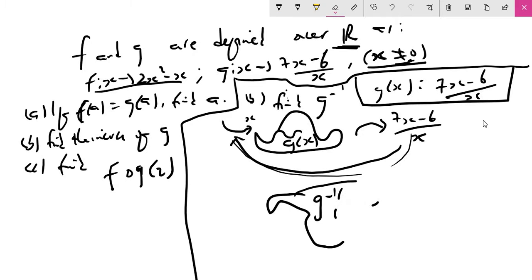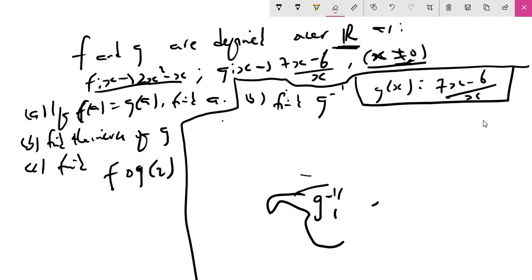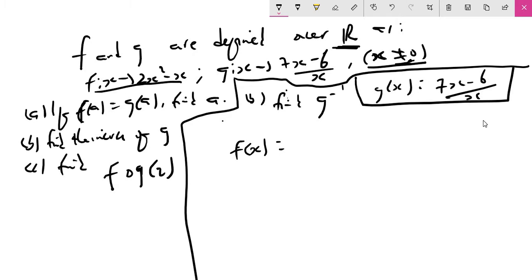For example, before we actually solve the question, let me give you a simple scenario. Let's say f of x is equal to x squared. So f of x takes a value x and then squares it. If I want to reverse this, I have to take whatever x squared is and find the square root, and this will give me back x.